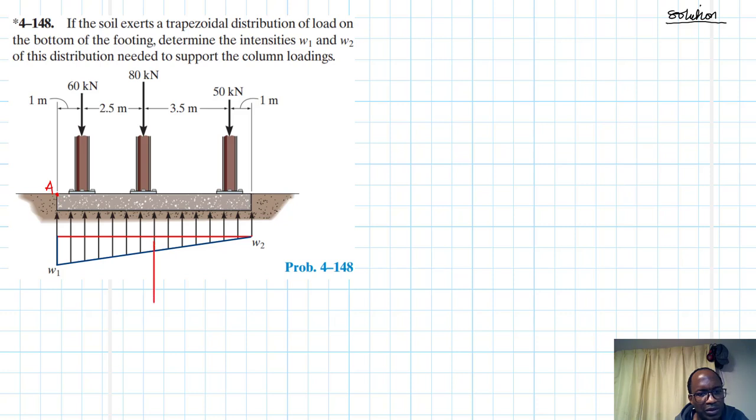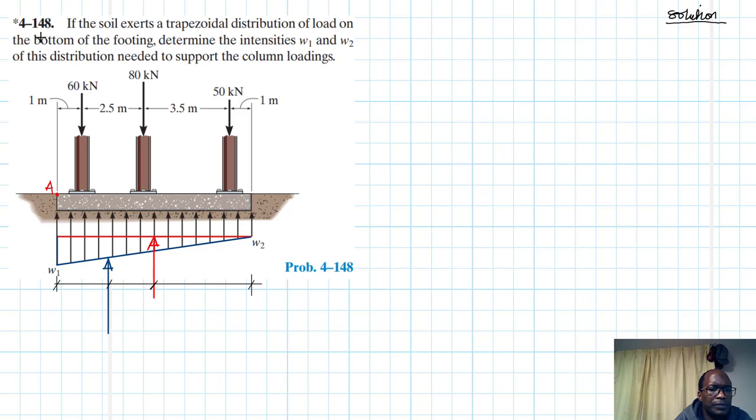So let's have one equivalent force for the rectangular, and one for the triangular. Then let's have the locations also: that position, that position, that position, and that position.